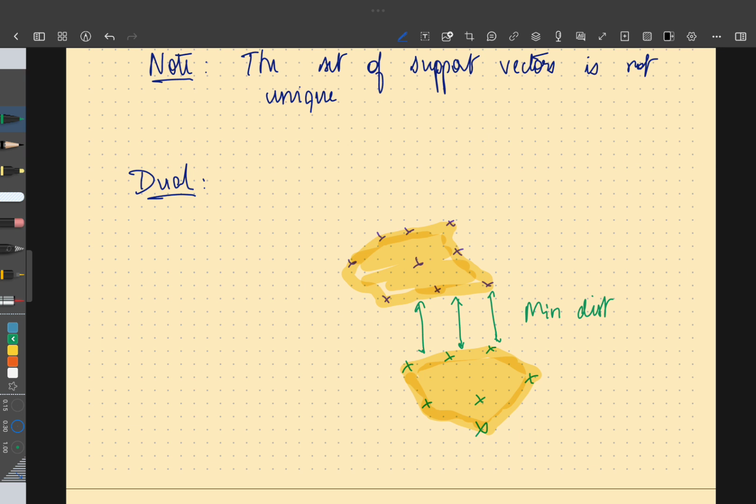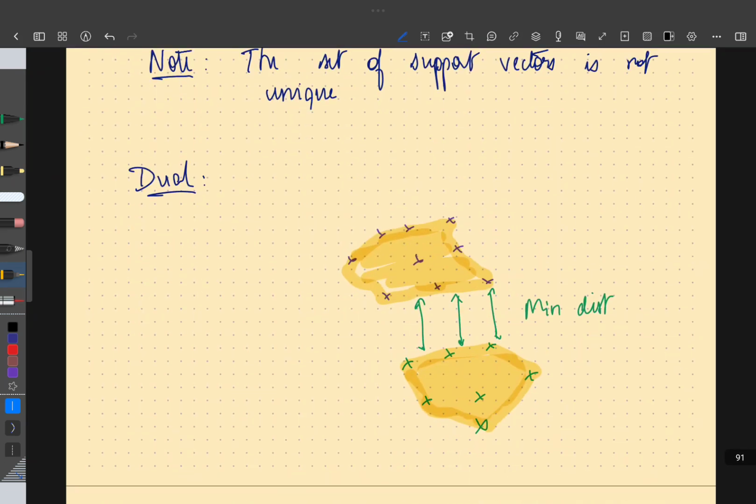And the solution to the primal optimization problem corresponds to a hyperplane that is a separating hyperplane for these two convex sets, and that separating hyperplane is equidistant from the two convex sets.